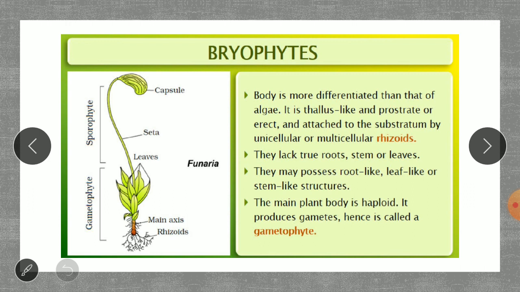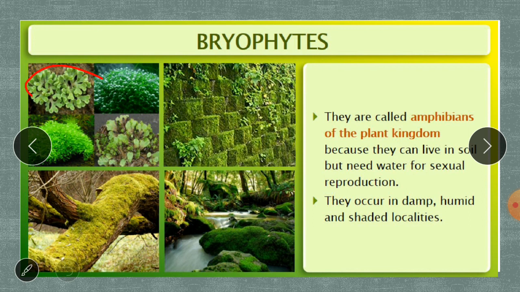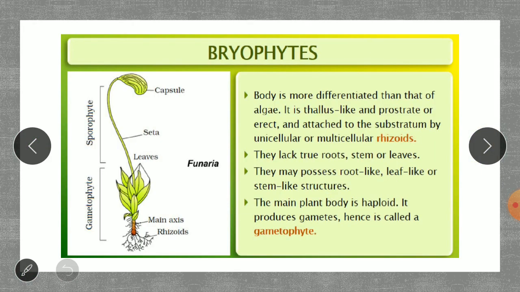It is thallus-like, and prostrate or erect, and attached to the substratum by unicellular or multicellular rhizoids. They can be thallus-like. Now what do you mean by thallus-like? Here you can see these are thallus-like. They are not coming straight, but instead they are spreading. So they can be thallus-like, or they can be prostrate or erect like you are seeing in this diagram.